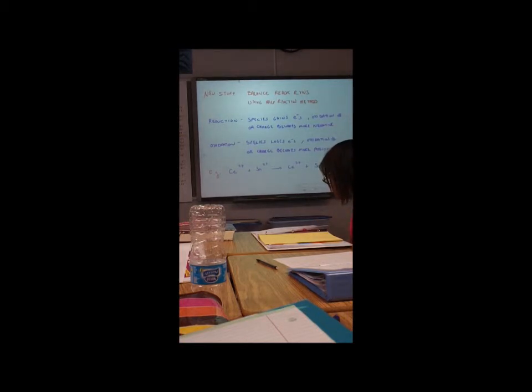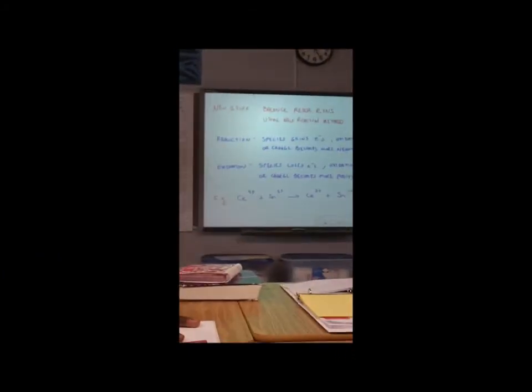And the way you tell whether or not it's a redox reaction is by looking at the charges or oxidation numbers of all species on the reactant side and product side. And if one thing changes, then it's a redox reaction. You cannot have reduction without oxidation. So if you see that one thing has changed, something else must have changed as well.